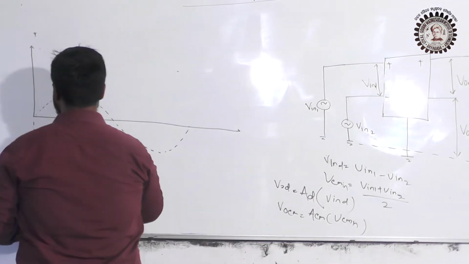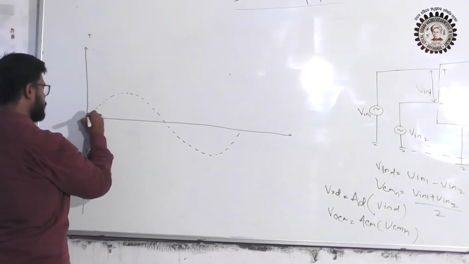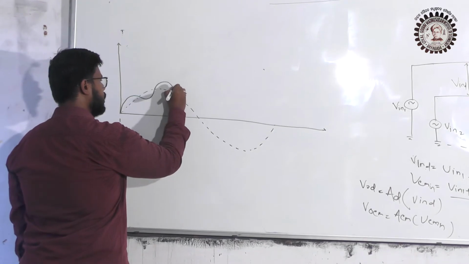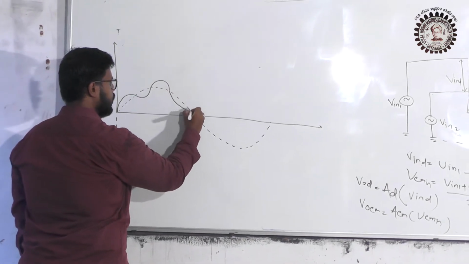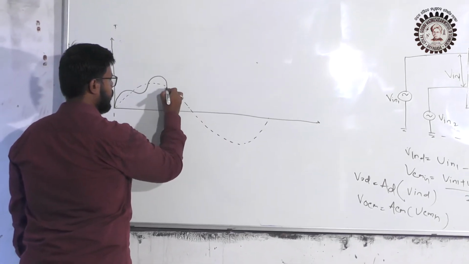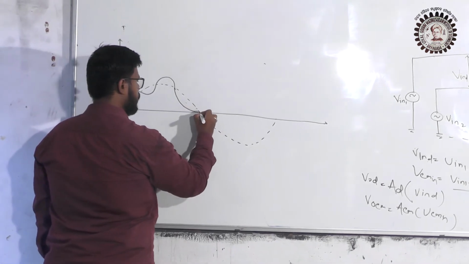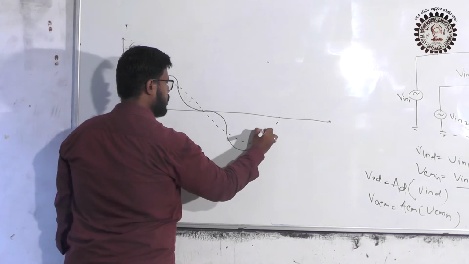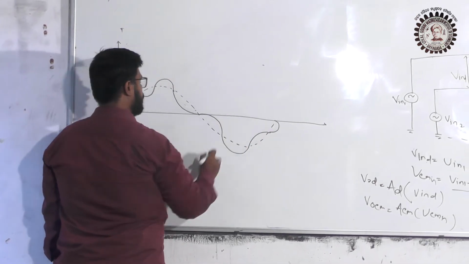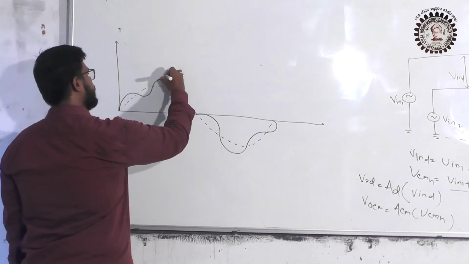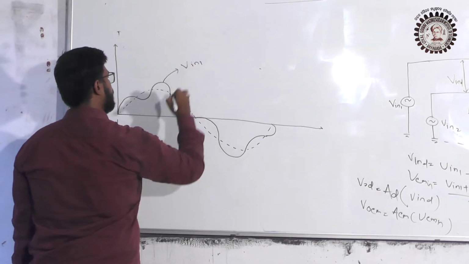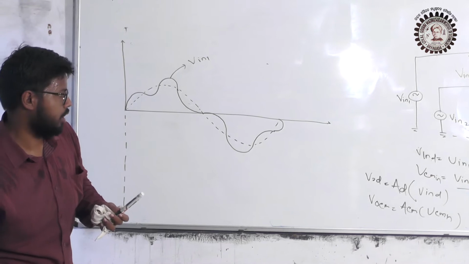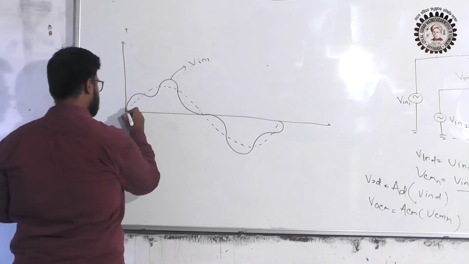So let us assume a signal is there in sinusoidal nature. This is, let us assume, V in 1. So the V in 2 will be with opposite phase.